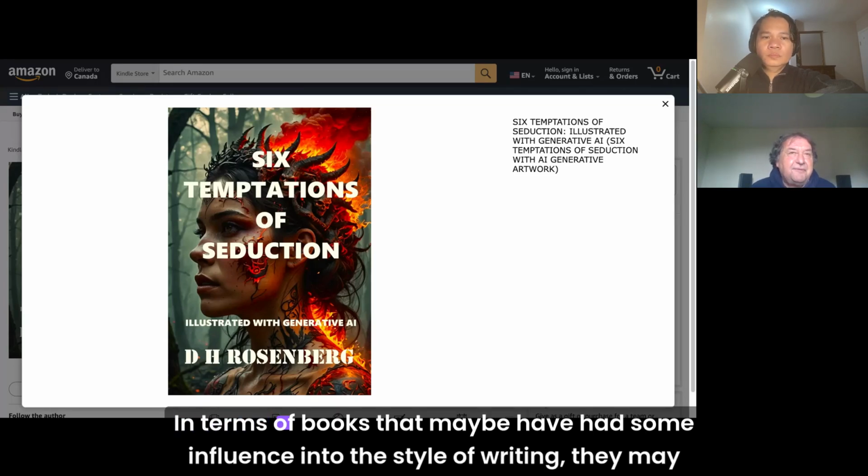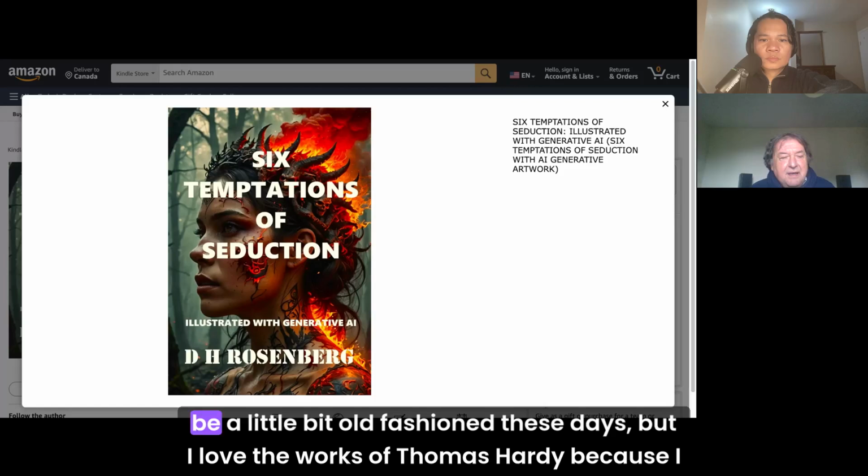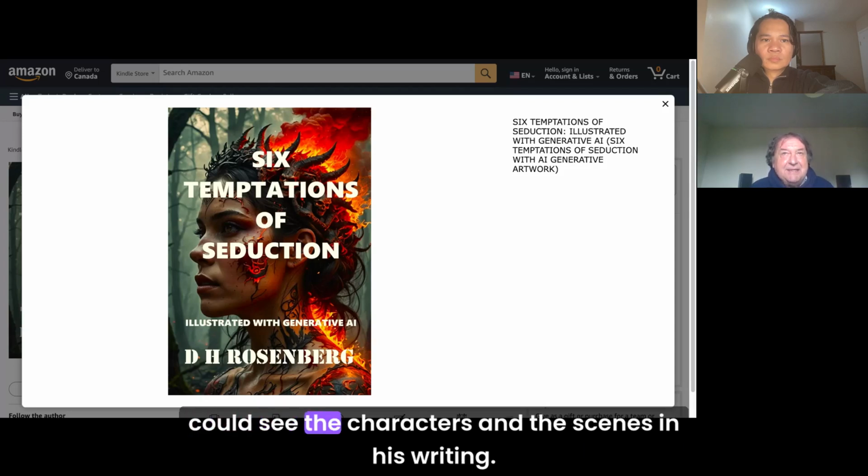In terms of books that may have had some influence on my style of writing, they may be a little bit old-fashioned these days, but I love the works of Thomas Hardy because I could see the characters and the scenes in his writing.